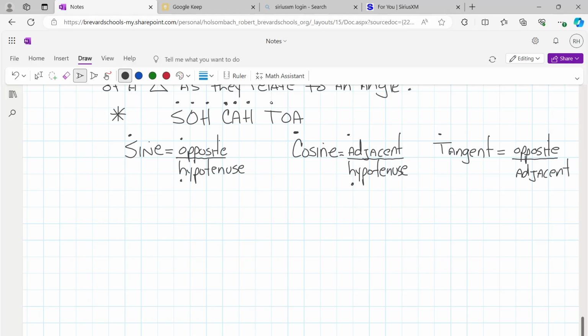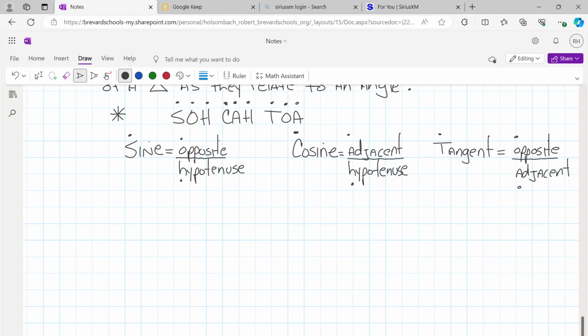So TOA, the T for tangent, tangent equals the opposite side over the adjacent side. SOHCAHTOA: sine equals opposite over hypotenuse, cosine equals adjacent over hypotenuse, tangent equals opposite over adjacent.